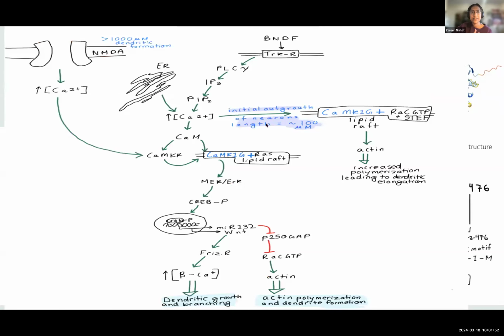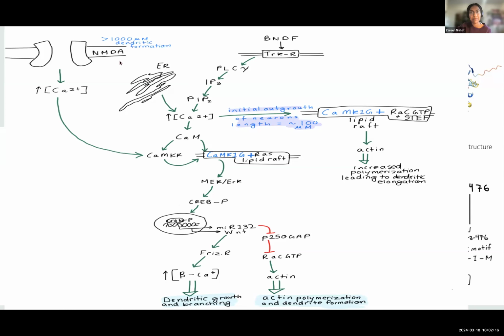For signaling pathway, there's 2 possible ways. It can go for initial outgrowth of neurons and dendrites, about 100 micrometers. It'll do this through activating PIP, calcium, and getting CAMK1G with RAC, GTP, and STEF, and promoting actin polymerization and leading to dendritic arborization. And another pathway is dendritic arborization past 1,000 micrometers.